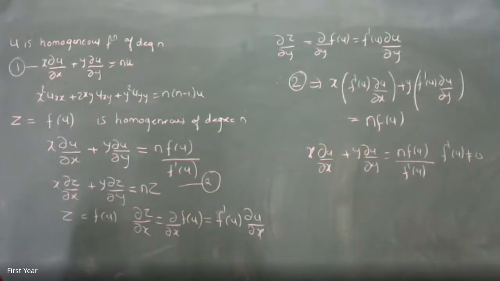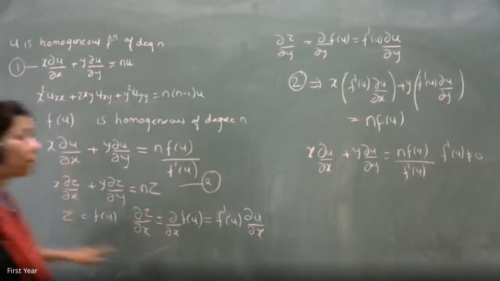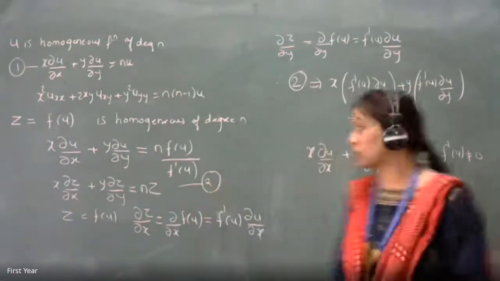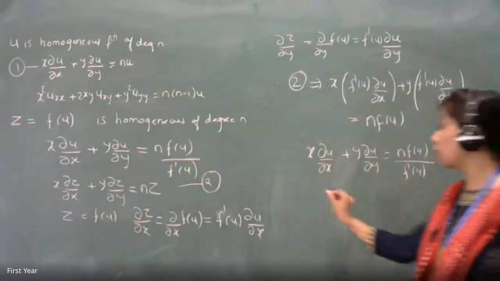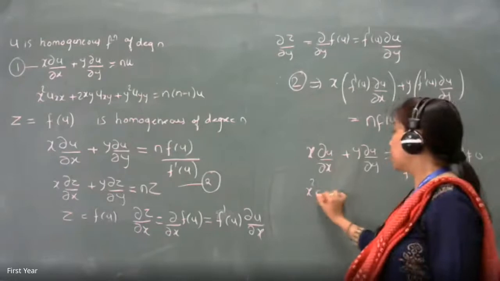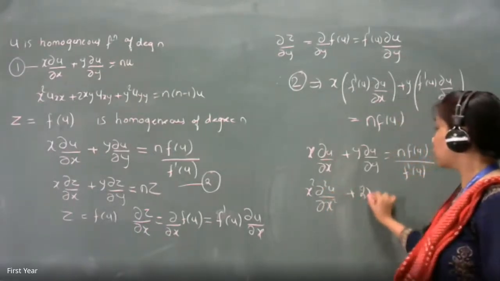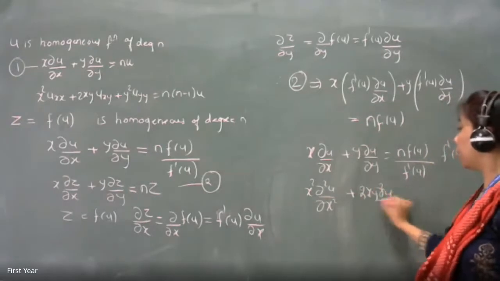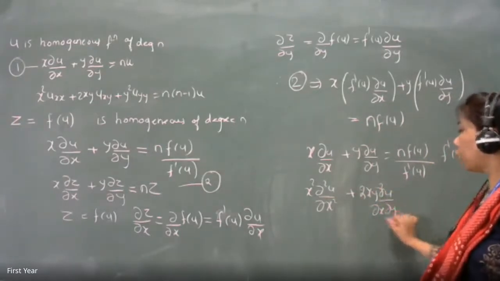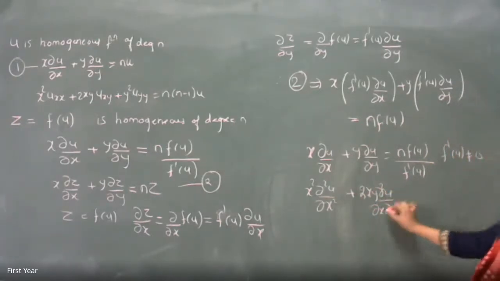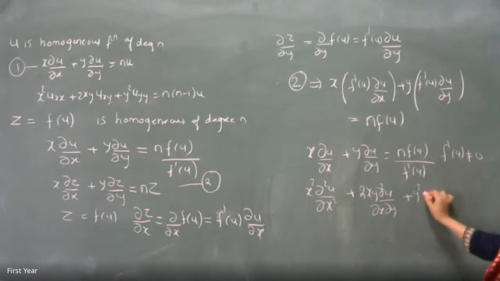And the second order formula for homogeneous function f of u will be obtained from this only by differentiating it once again. And that formula turns out to be x square del square u by del x square plus 2xy del square u by del x del y plus y square del square u by del y square.